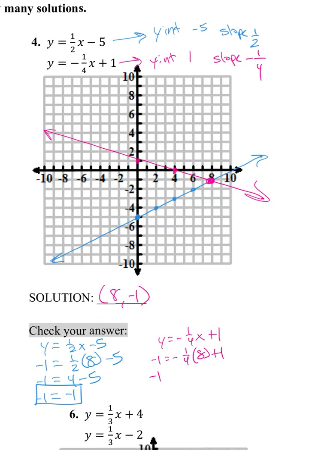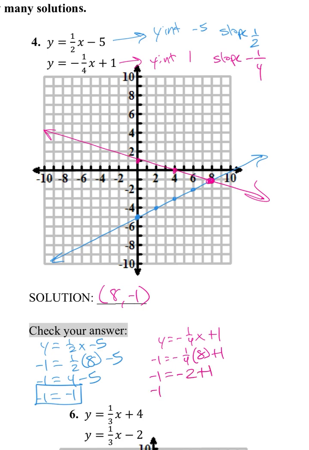What's -1/4 times 8? Hopefully, since you are all in 8th grade math, you should be able to use your calculators and understand how to use them. So what's 1/4 of 8? What's 8 divided into 4 equal parts? Well, that's 2. But since it's a negative times a positive, it's negative 2 plus 1.